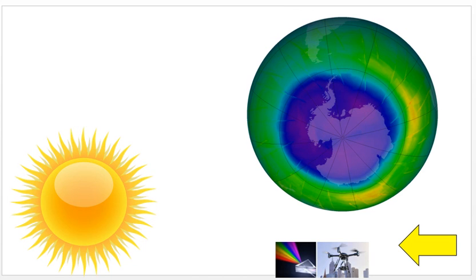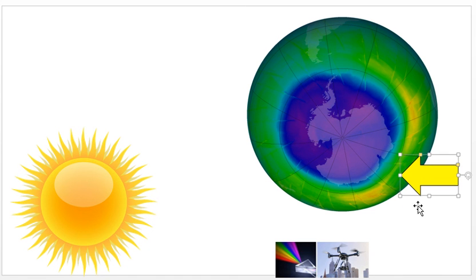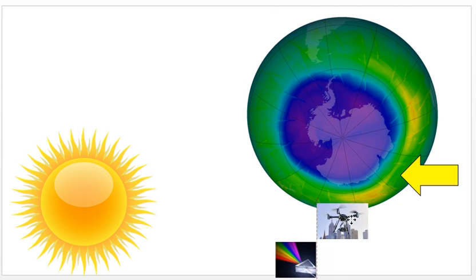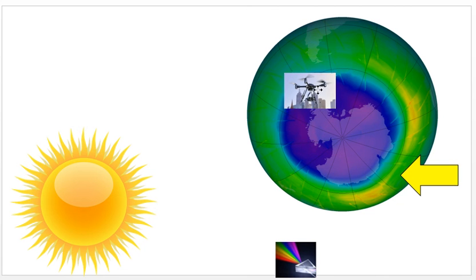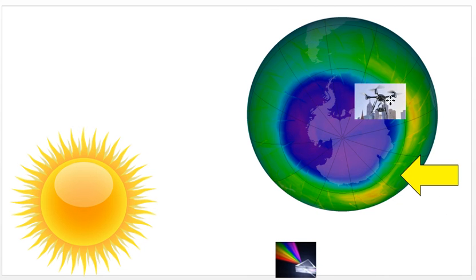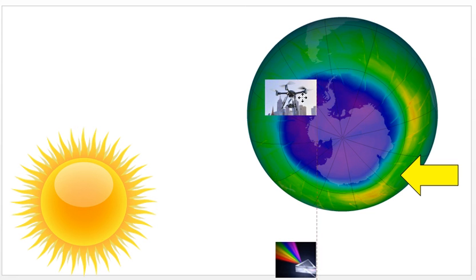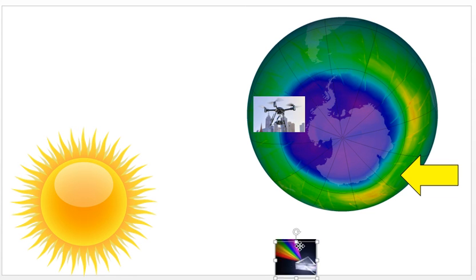So let's go back to one of my slides here. So let's say this is the ozone hole, right? So this is the ozone hole right here. Now my drones will be flying around the edges of the ozone hole, which has prisms, right?